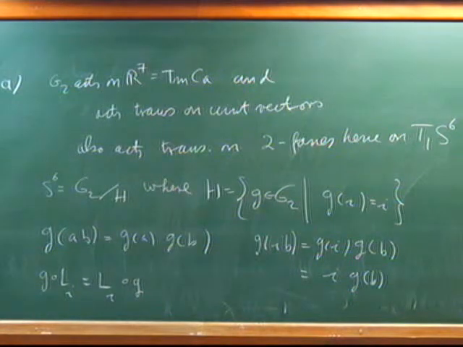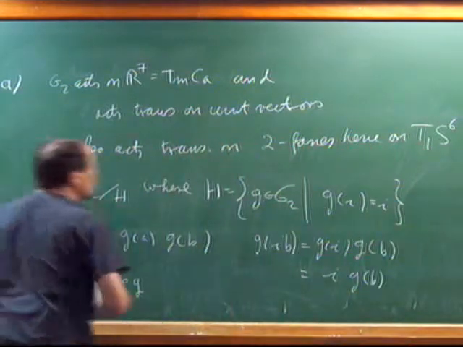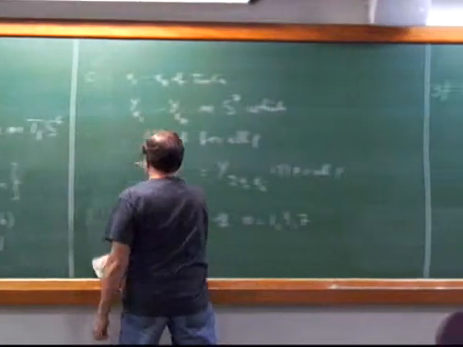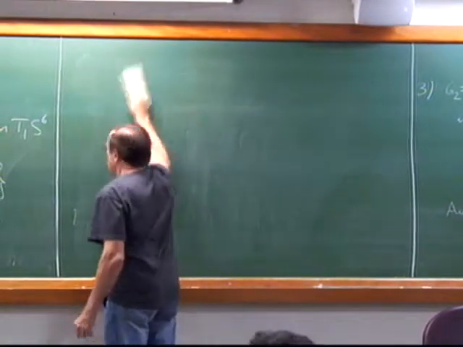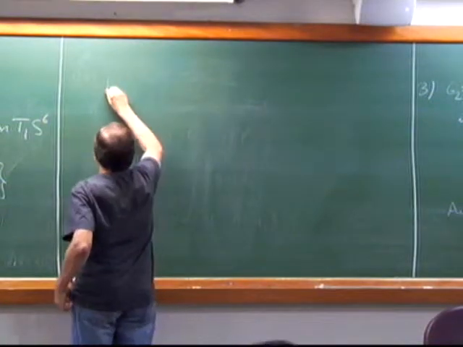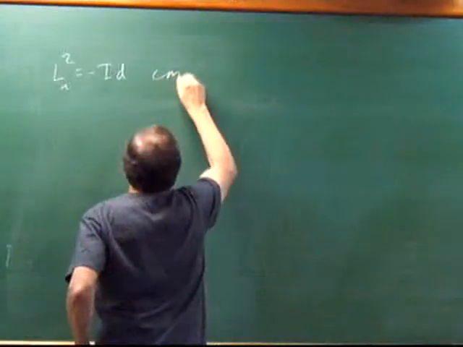Right, that's what it says. So I claim it's complex linear. Remember, Li squared is minus identity. It's a complex structure.